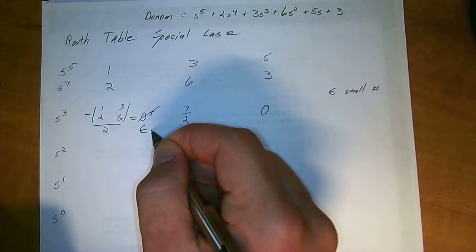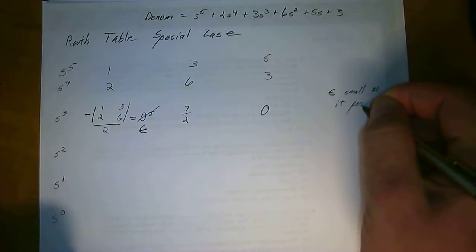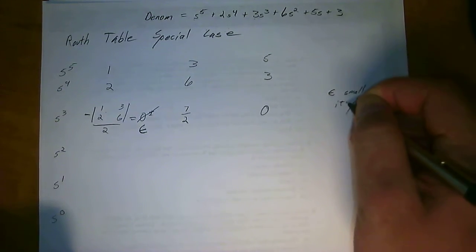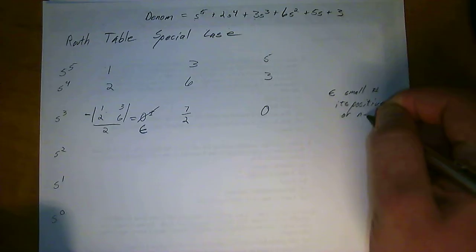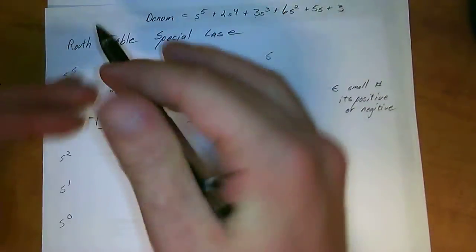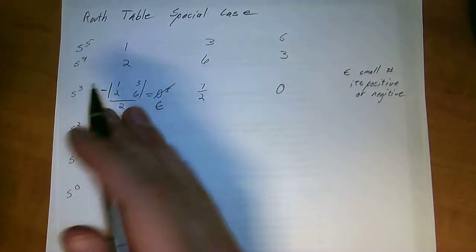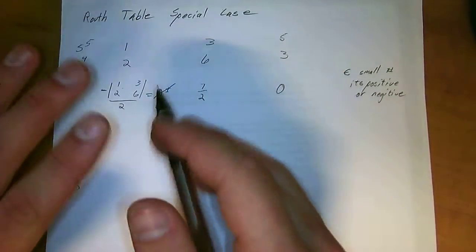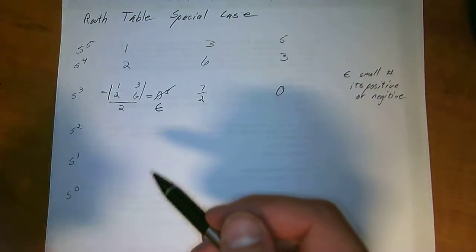But epsilon can be positive or negative. So you treat epsilon as a number so that you can complete the Routh table, and then you go through and treat it as a positive number or a negative number in order to figure out what the sign changes are doing in your first column.